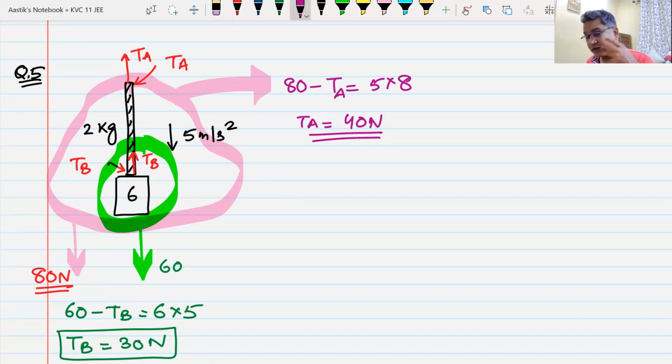Now, if I could make a third question here, what is the tension at the middle point? C is the middle point of the string. What will be the tension at the middle point of the string?